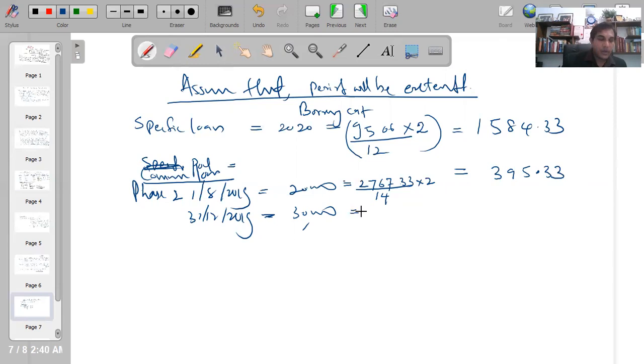Similarly, for this loan you have capitalized 2,668.5 for 9 months, so you need to divide by 9 and multiply by 2. Those 2 months need to be excluded if we are assuming the period would be extended. 2,668.5 divided by 9 multiplied by 2 gives 593, right?